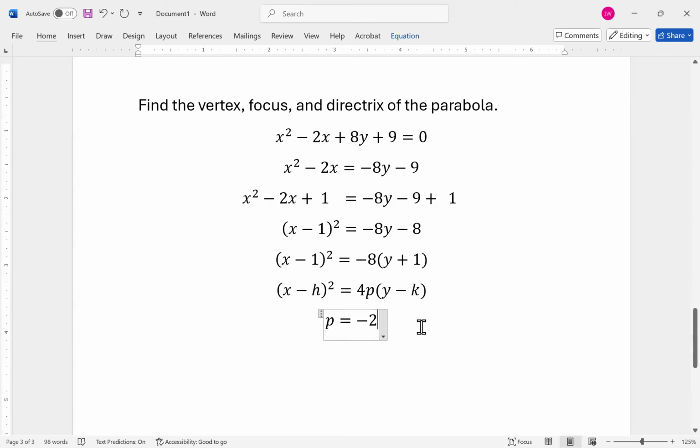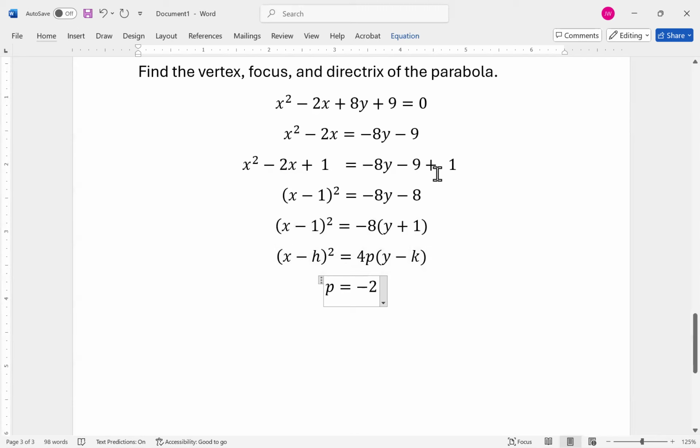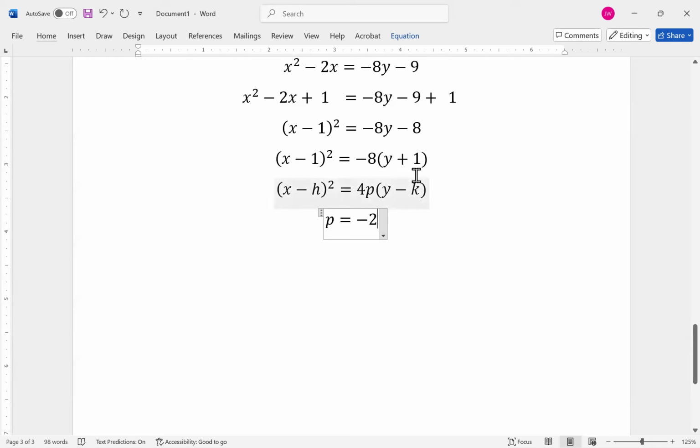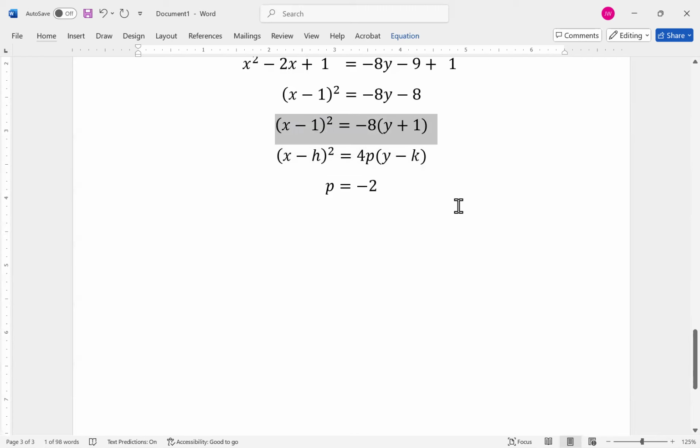So -8 is equal to 4p, so therefore p is -2. Since p is -2, I know that this parabola, so this is the equation of the parabola rewritten, is actually going to be a parabola pointed down. I knew it was going to be pointed up or down. Now that I know p is negative, it's going to be pointed down.